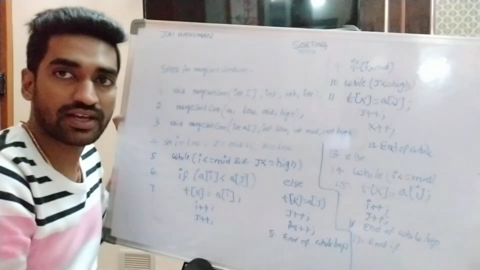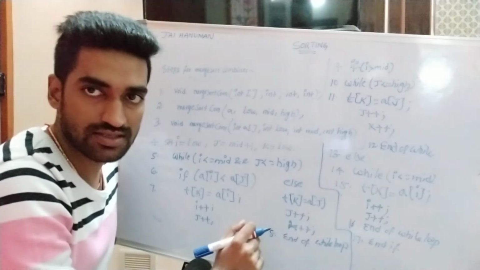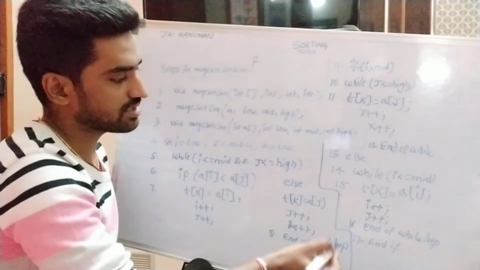So after completion of the entire procedure, the temporary array contains all the sorted elements. So that's why we can copy all the temporary elements back. So what is the next step?